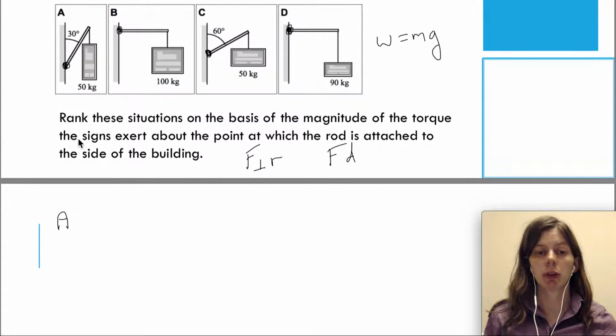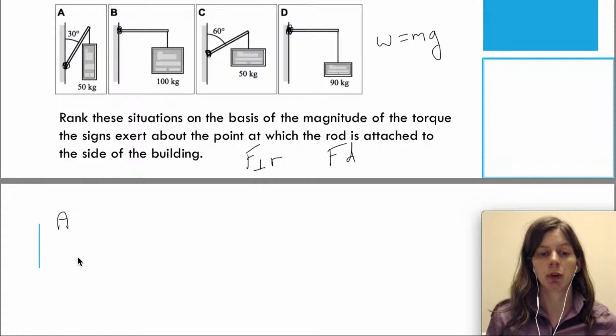We need to get comfortable using that moment arm. So I'm going to redraw it here where the force is going straight down. This is the weight of the sign pulling down. So the moment arm, you extend that force line, then you draw the shortest distance from the pivot to that force line.